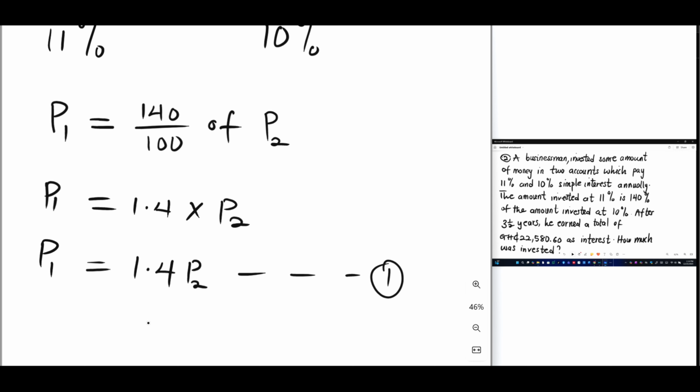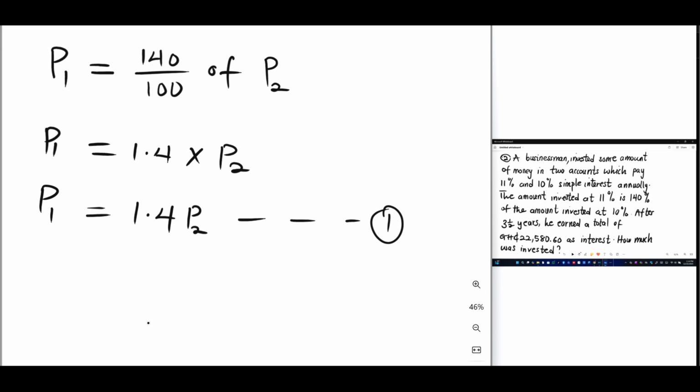After 3.5 years, he earned a total of 22,580 Ghana cedis and 60 pesewas. So you now have to determine the interest earned on each of the principals. Then you add those interests and equate the result to the total interest that the person earned after 3.5 years.